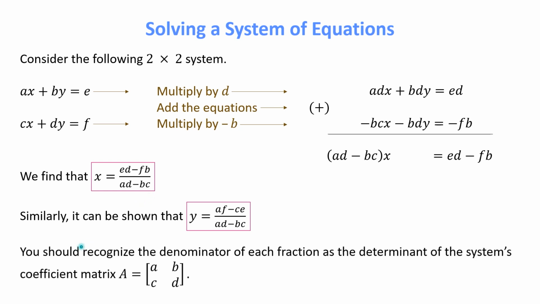So let's summarize. We should recognize the denominator of each fraction, ad minus bc, as the determinant of the system's coefficient matrix A, given by the matrix here. Indeed, the determinant here will be a multiplied by d, ad, minus b multiplied by c, bc.